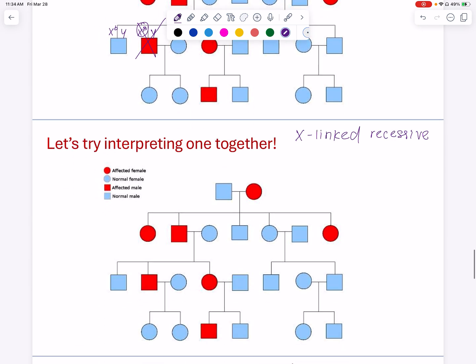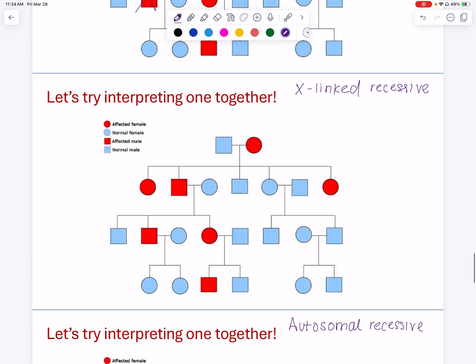So let's move on and let's try to see, could this potential trait be X-linked recessive? Which in this instance would mean that if you have the trait, you are missing the dominant trait. So we'd have this for our affected females.